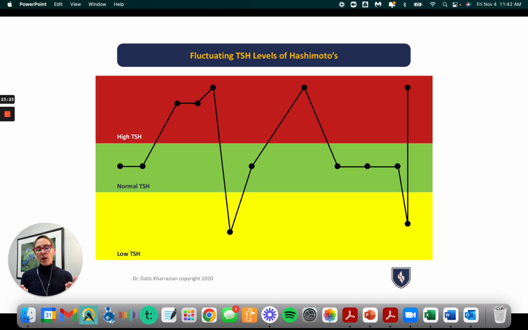And sometimes when those follicular cells get destructed and break up, they actually dump out thyroid hormone. So people early as this disease is progressing can have big fluctuations of their TSH, right? Because if you're dumping a ton of thyroid hormone, your TSH is going to be lower.